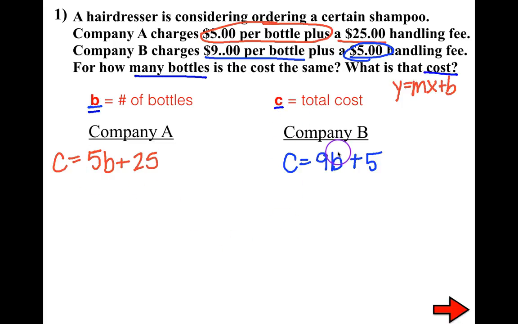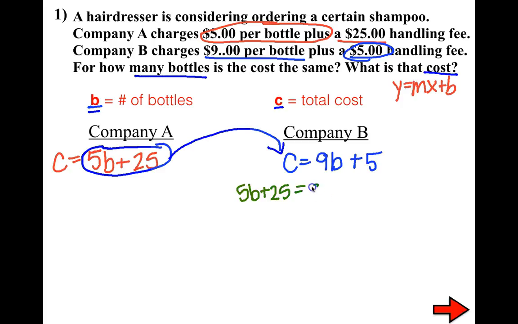So now that we have two equations, what am I going to do? Well, what I'm going to do is take this expression, because this is what equals C, and I'm going to substitute it in for, you guessed it, C. So by replacing C with this expression, I'm going to get 5B plus 25 equals 9B plus 5. Since we have variables on both sides, I do prefer to move it to the left.